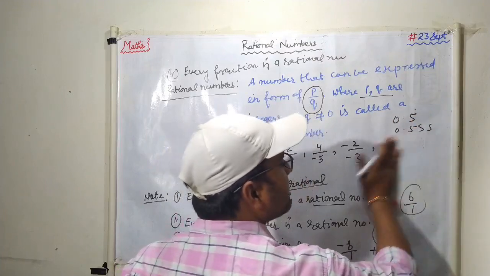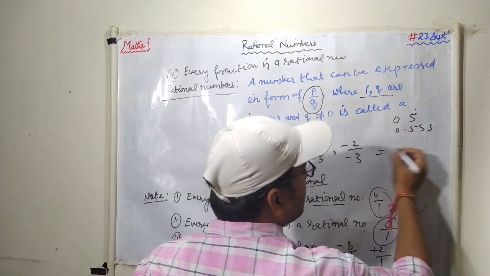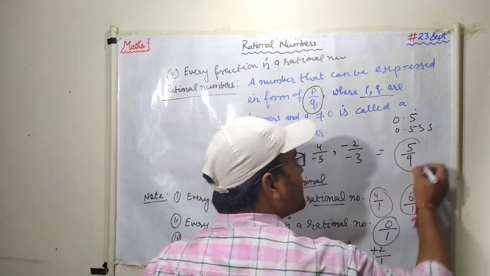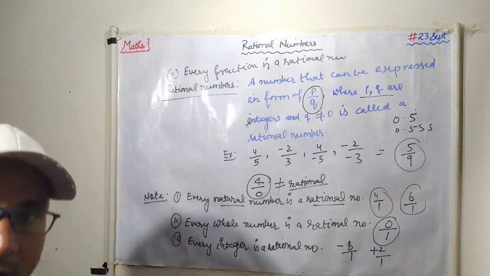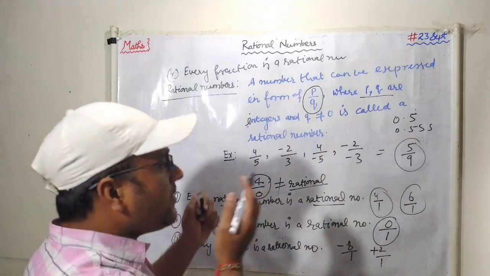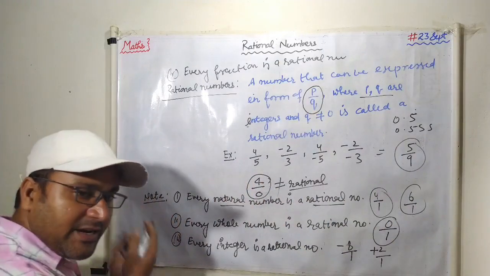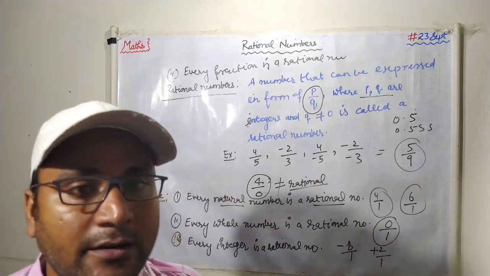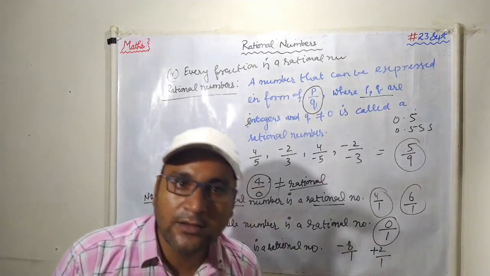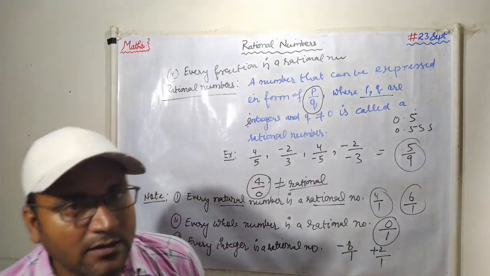If you change this into the form of a fraction, you will get 5 upon 9, which is also a rational number. So every decimal which is terminating or recurring is also a rational number.